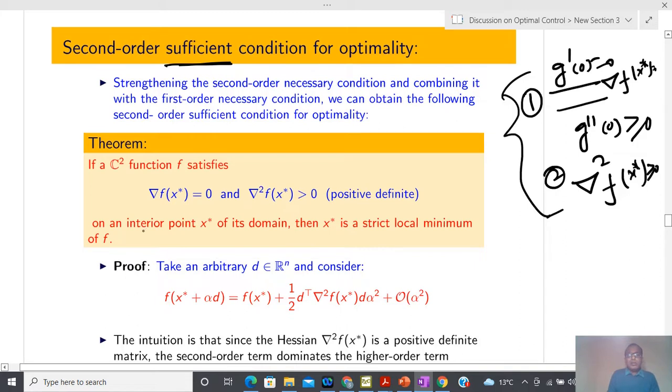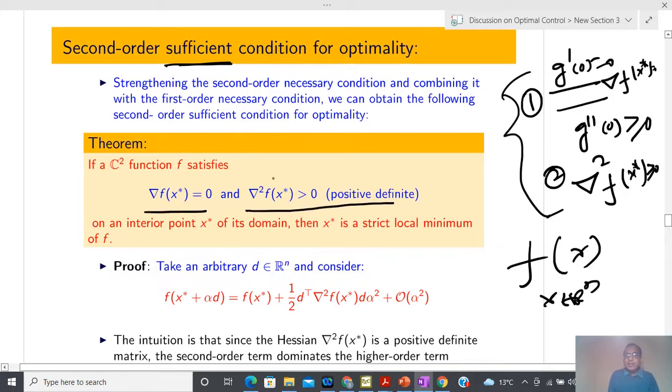Now the theorem suggests the following. Suppose I have to minimize some real valued function f, where x belongs to Rn. I am assuming that f is two times continuously differentiable. And here I have kept a stronger condition than the previous one.